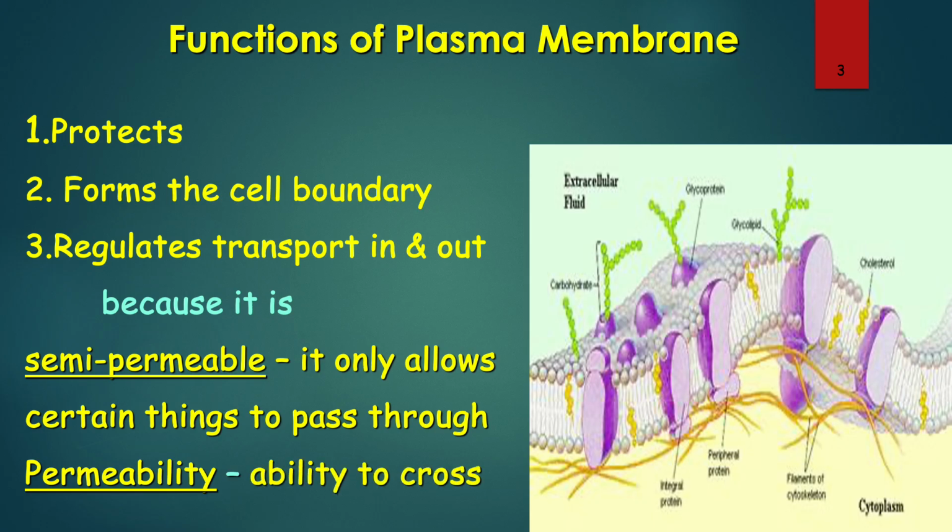And this is because the cell membrane is semi-permeable, meaning it's only going to allow certain substances to pass through. And in part 2, when we're talking about the cell membrane, we'll talk about the permeability of substances, which substances are able to cross the cell membrane.